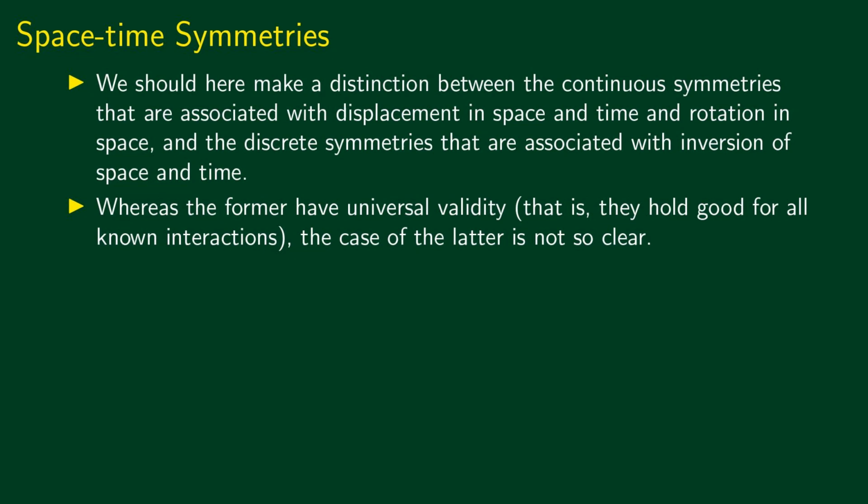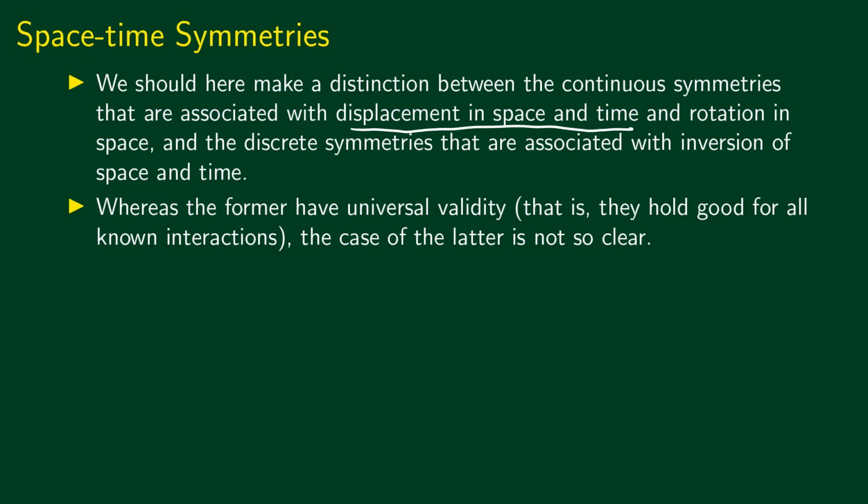Before considering each of these space-time symmetries in detail, we have to make a distinction between two types of symmetries. On the one hand, we have continuous symmetries, and on the other hand, we have discrete symmetries. Continuous symmetries are associated with displacement in space and time and also rotation in space. These transformations are called continuous transformations because you can think of them as depending on a continuous parameter.